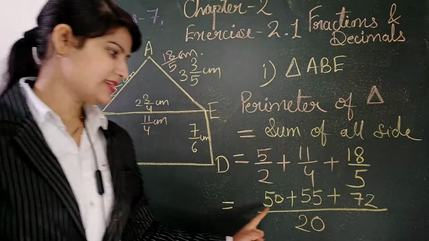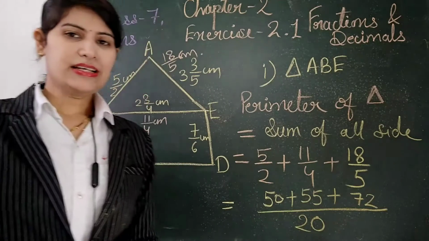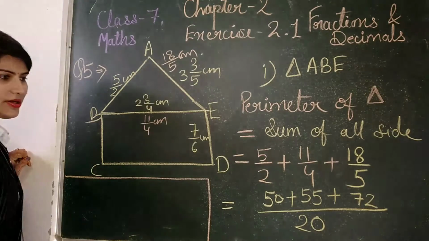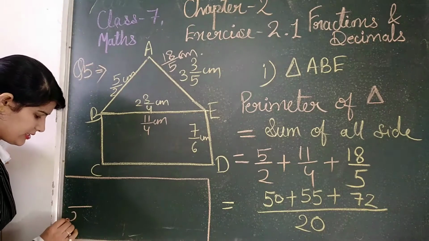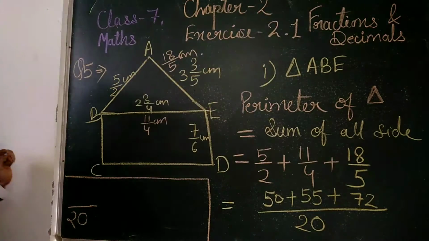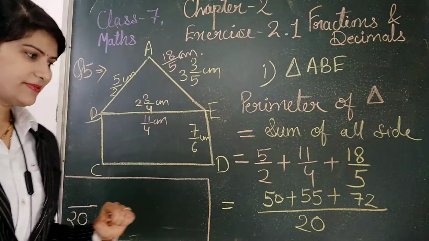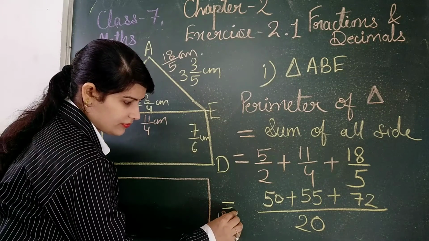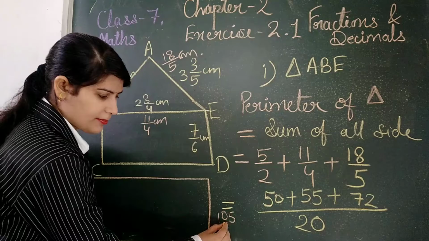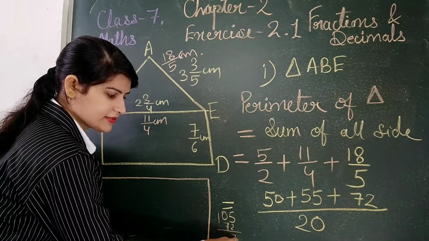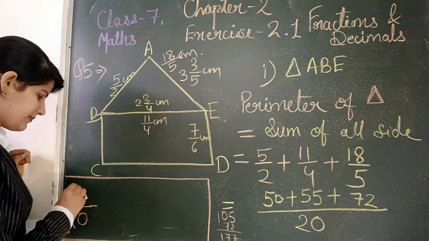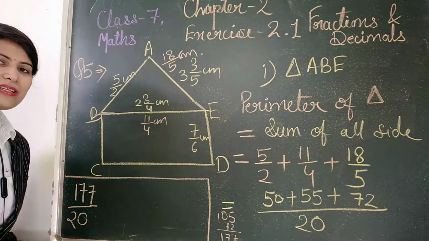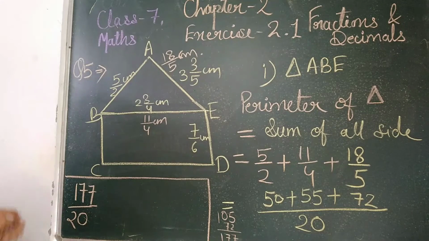Okay, now add these numbers 50, 55 and 72. 50 plus 55 is 105, and plus 72 you will get 177. So it is 177/20.